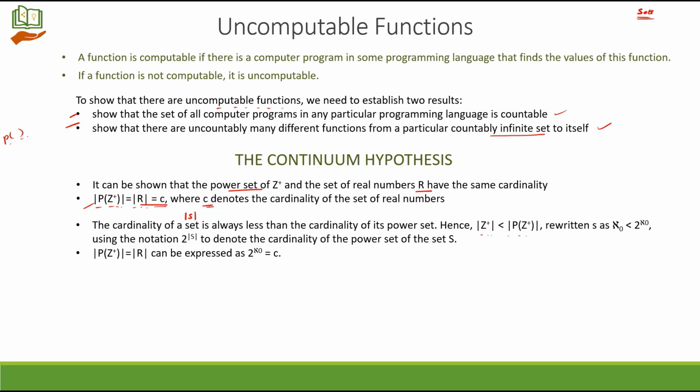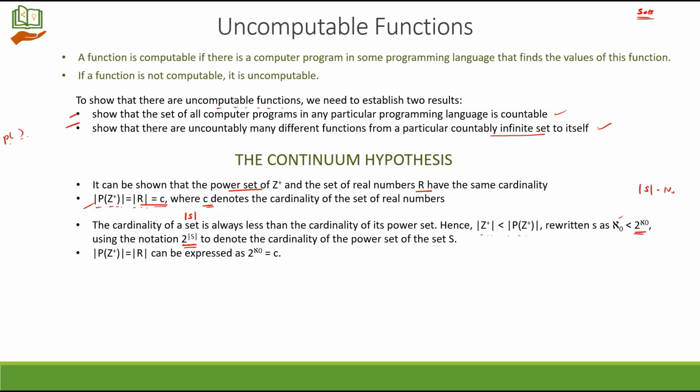Rewriting, we saw the cardinality of S is equated to the aleph null symbol. So this aleph null is being compared here: the cardinality of S is less than 2 power aleph null. This will be the cardinality of the power set.